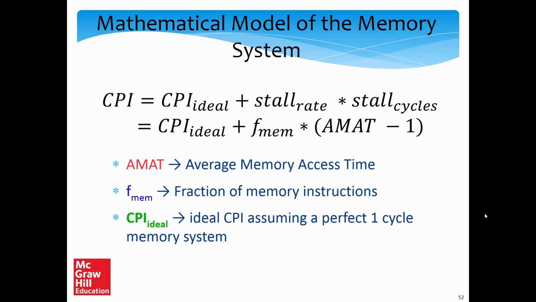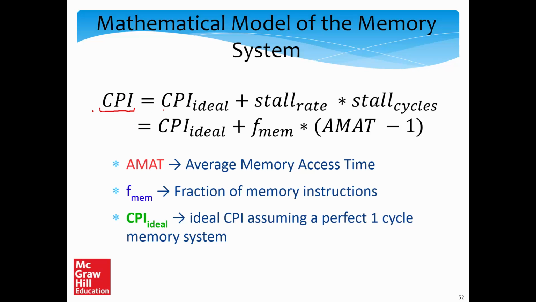So let us compute the CPI of a pipeline that has misses in the cache hierarchy. Let CPI be the actual CPI, and let CPI ideal be the CPI with an ideal memory system where every memory access takes one cycle and every memory access is a hit.